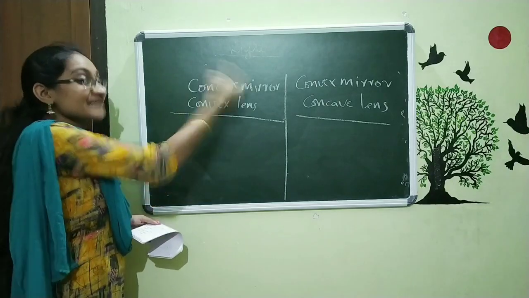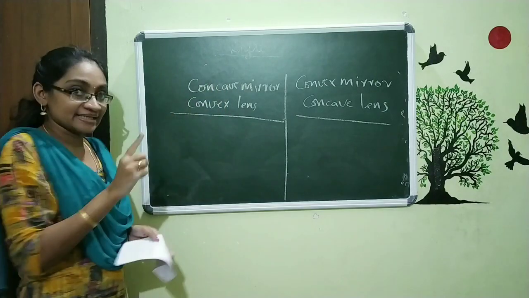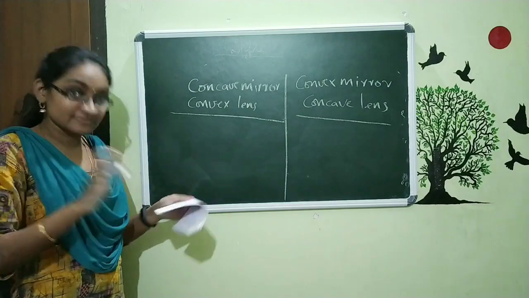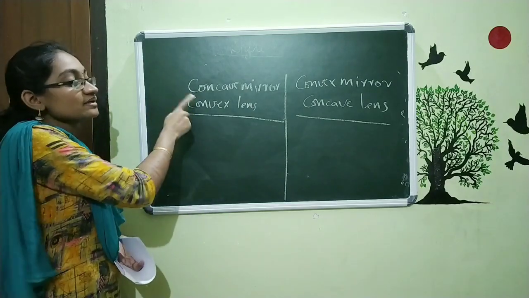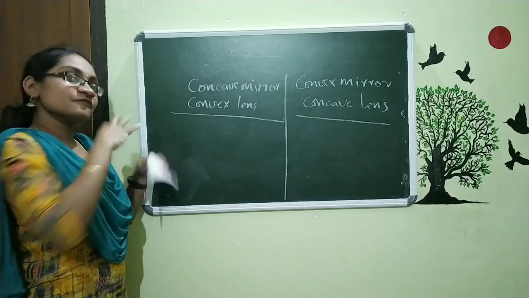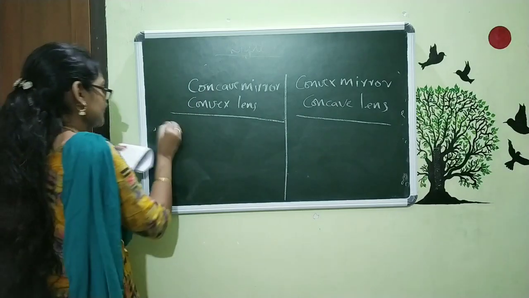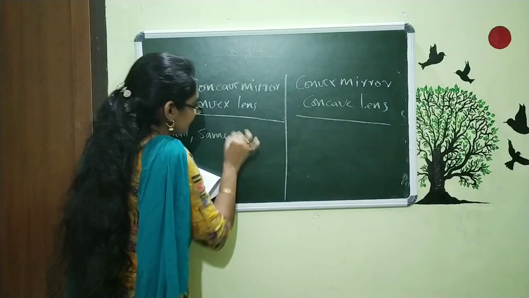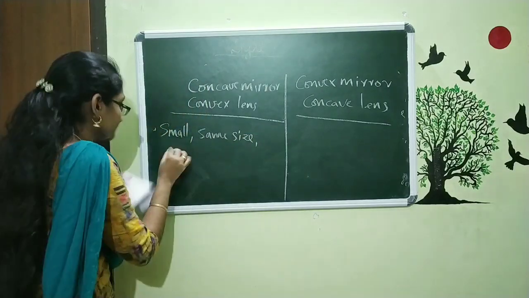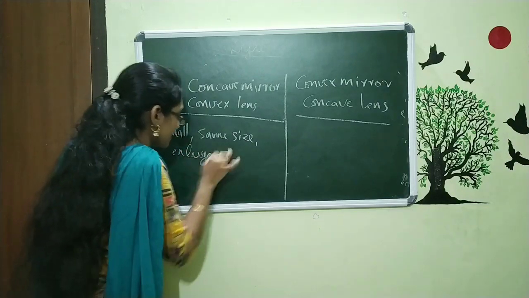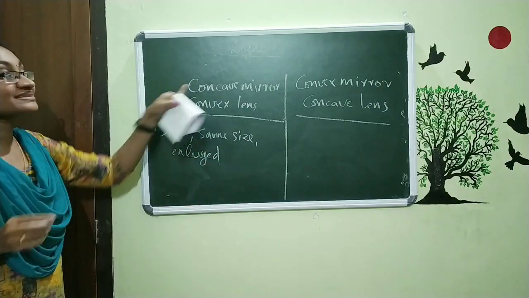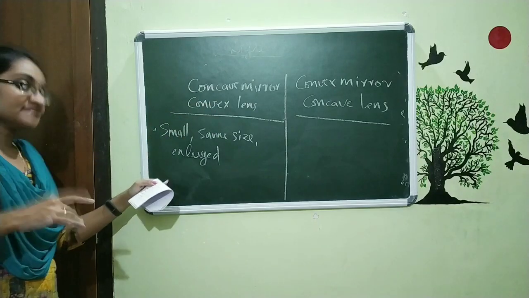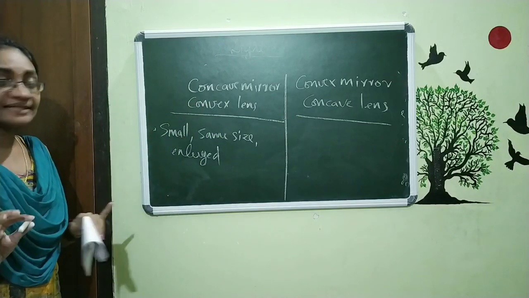And we studied the size of the image. For the concave mirror and for the convex lens, we get a small image, an enlarged image, or the same size of image. That means our image has different sizes.